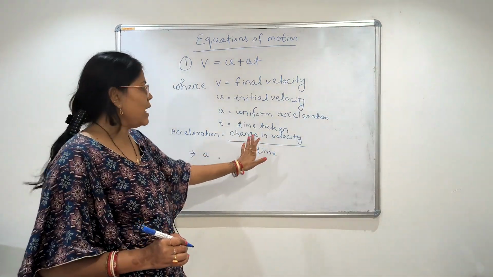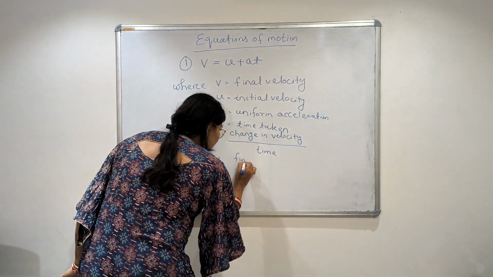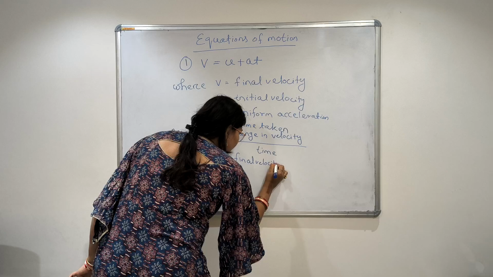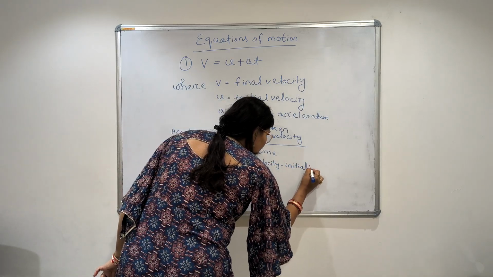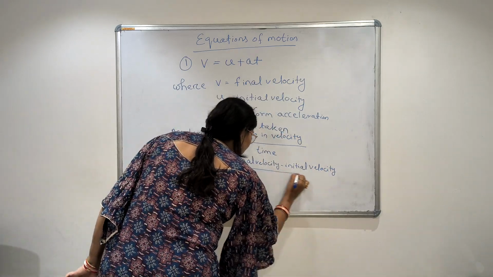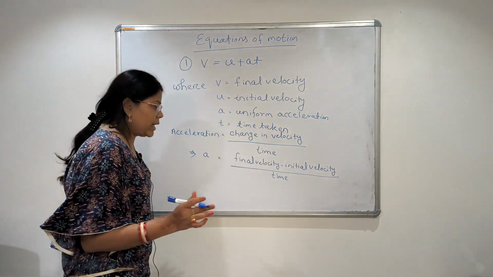How to calculate it? Final velocity minus initial velocity, divided by time or time taken, you can write.